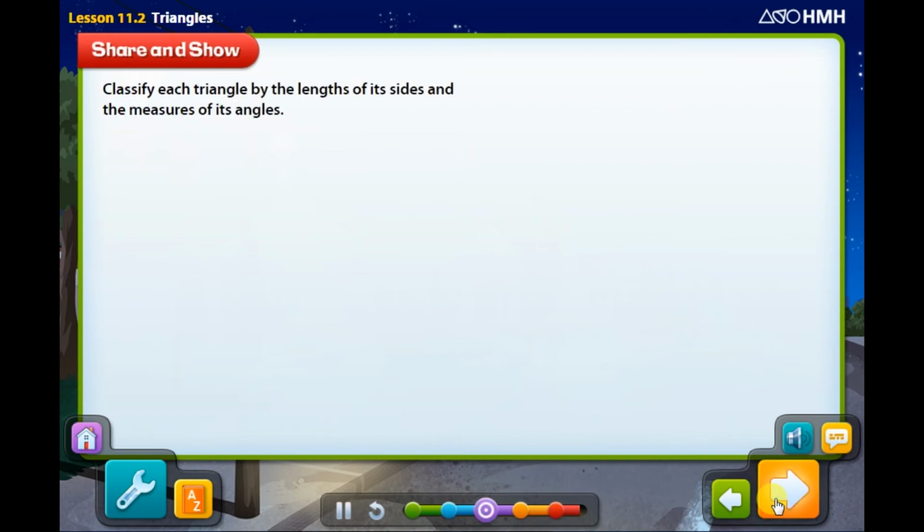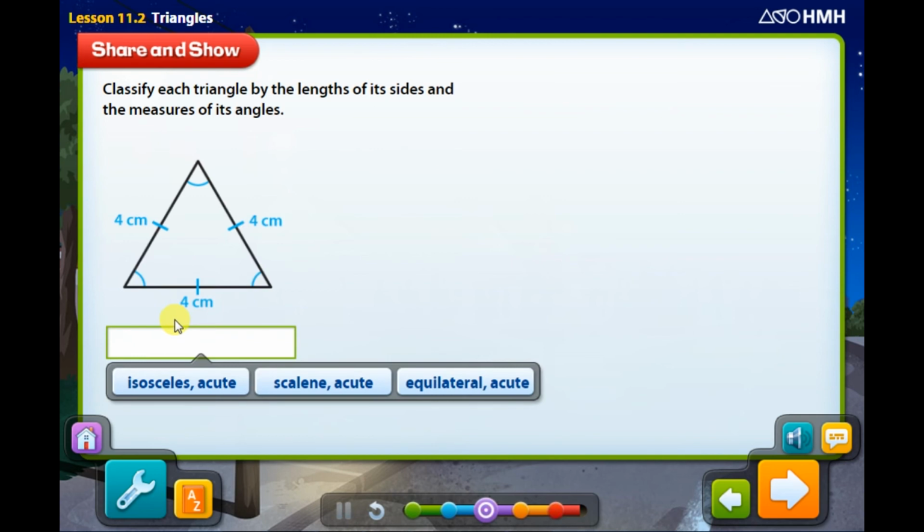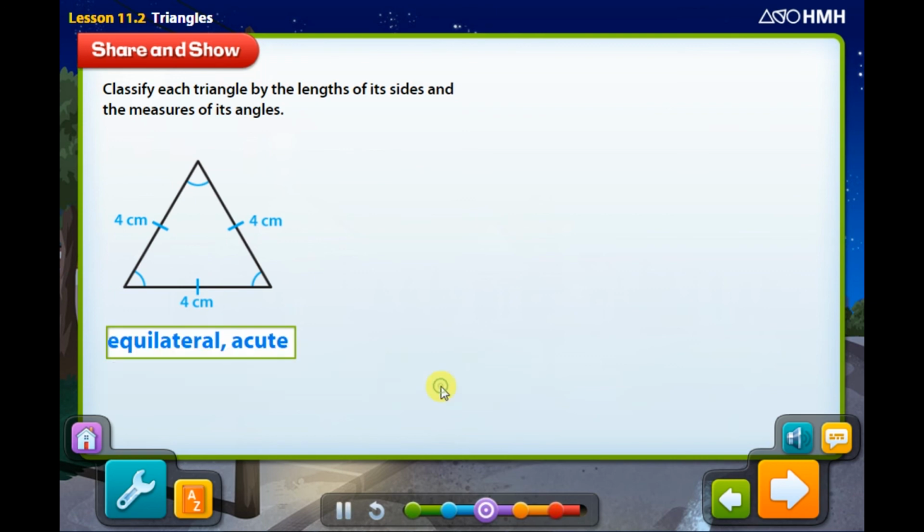Classify each triangle by the lengths of its sides and measures of its angles. Examine the triangle and select the appropriate classification. Okay, first, according to its sides, we have 3 equal sides, so it is equilateral. And all its angles are acute, so it is an equilateral acute triangle.